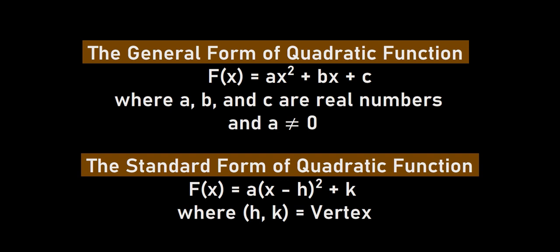Also, the standard form of the quadratic function is given as f of x equal a open parenthesis x minus h close parenthesis squared plus k, where h and k are the coordinates of the vertex. Please take proper note of this because they will be useful to you as we progress.